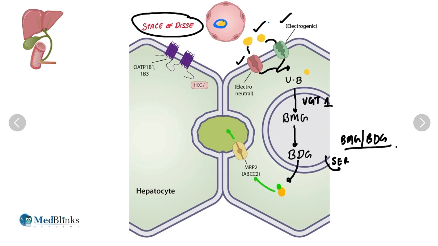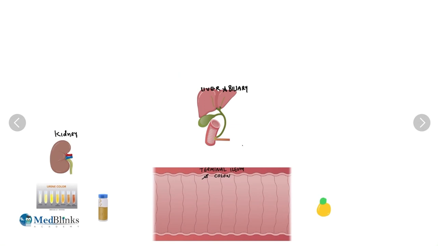This happens with the help of a carrier called MRP2, that is multidrug resistance protein 2, which is very important. From the biliary canals it goes further into the biliary tract and then into the intestines. Once it reaches the terminal ileum and colon, it undergoes further metabolism.